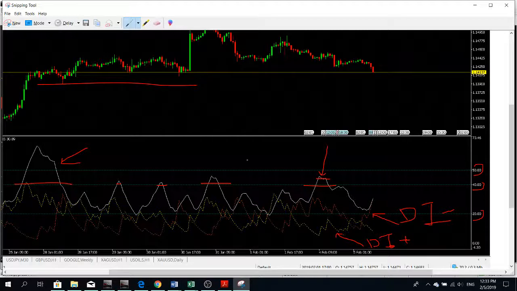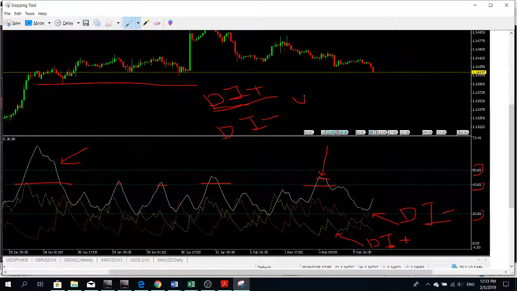So DI plus above DI minus, uptrend. If it's vice versa, it means downtrend. So if DI minus comes up and DI plus comes down, it means downtrend.